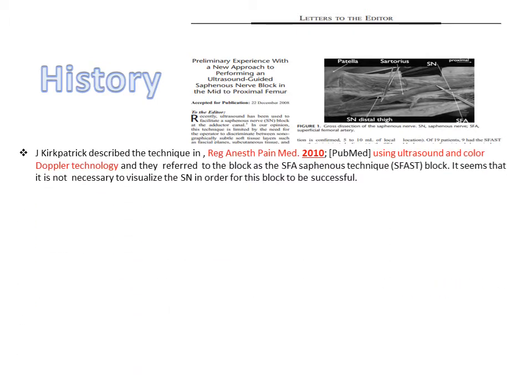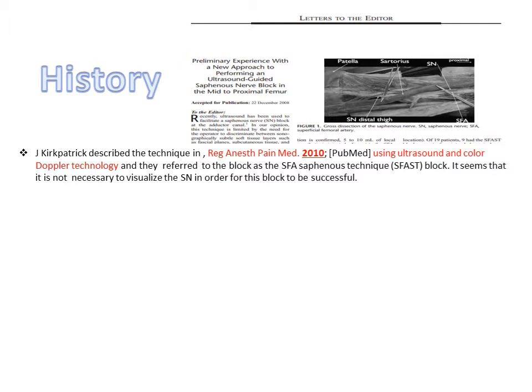So in 2010, Kirkpatrick described the technique of saphenous nerve block using ultrasound and color Doppler technology.